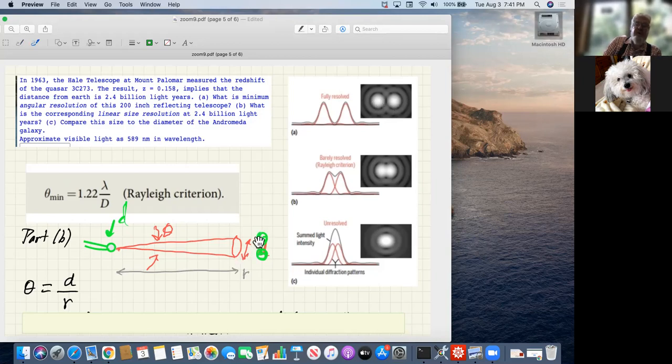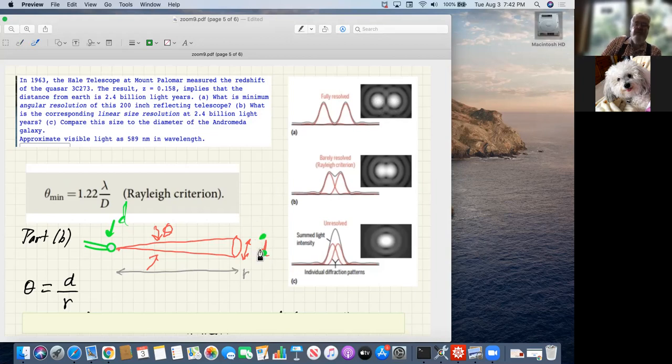I really ought to show these stars as little points. A star is just a point of light, really. So I have two little points of light, but what I see in the telescope is two regions of light forming a diffraction pattern.